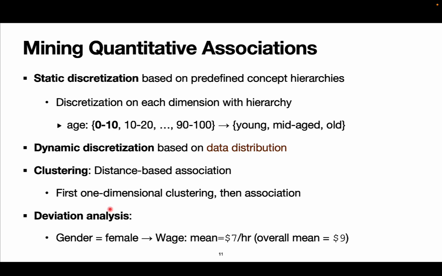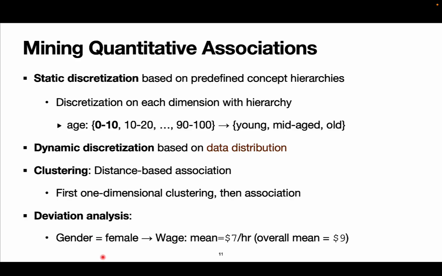Another approach is clustering-based association. Here we first perform one-dimensional clustering on numeric attributes like age or salary, and then find associations. In general, clustering adapts to the data and often produces more meaningful groups than static intervals.